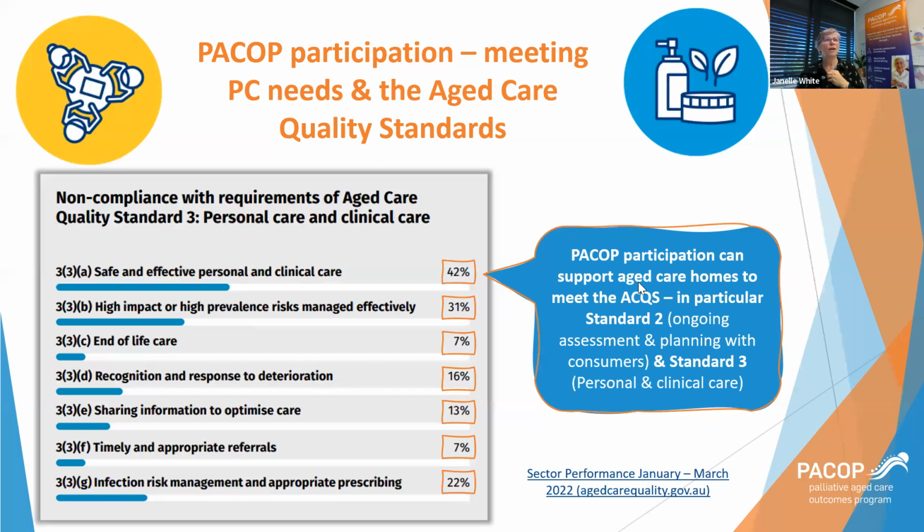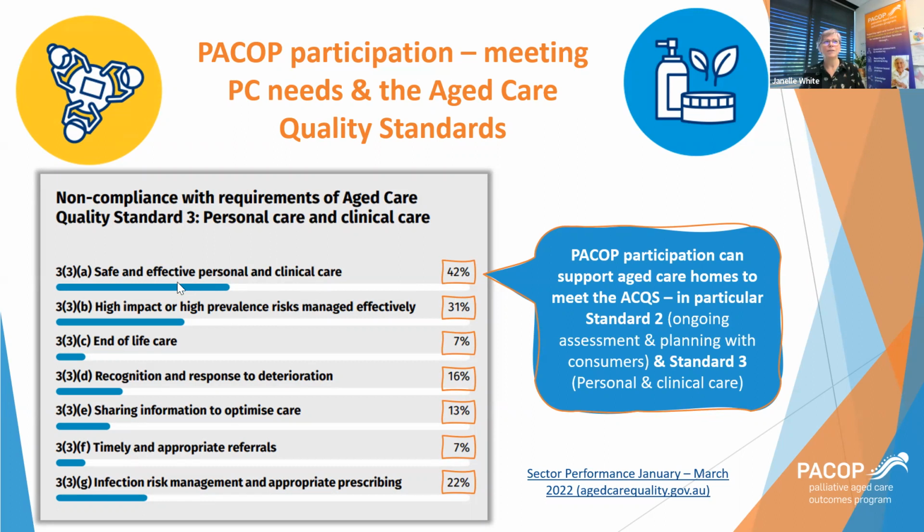And I know I sound like I'm selling it, but I actually believe in this, how wonderfully the profile and outcomes collection in the whole PACOP program supports, especially, standard 2 and 3. Standard 2 is ongoing assessment and planning of care with residents, and standard 3 is the personal and clinical care.